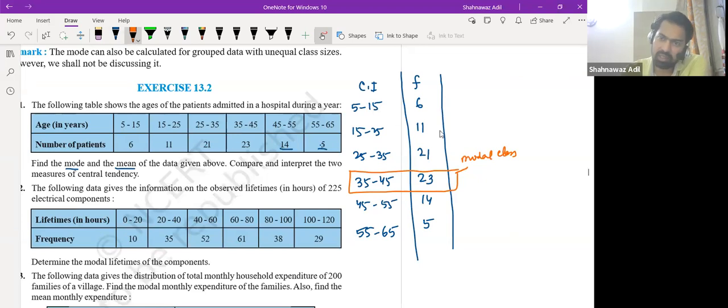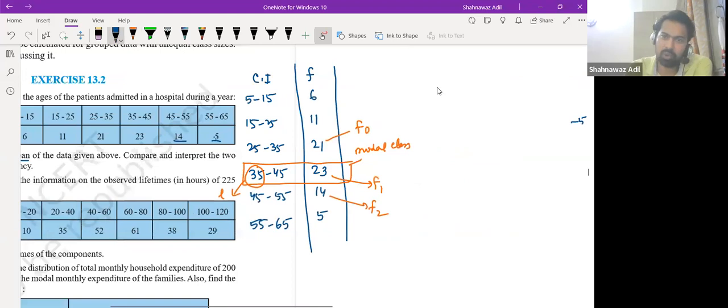Then this is our F0. This is our F1, and this is our F2. So now we have everything, and we know what the mode is.